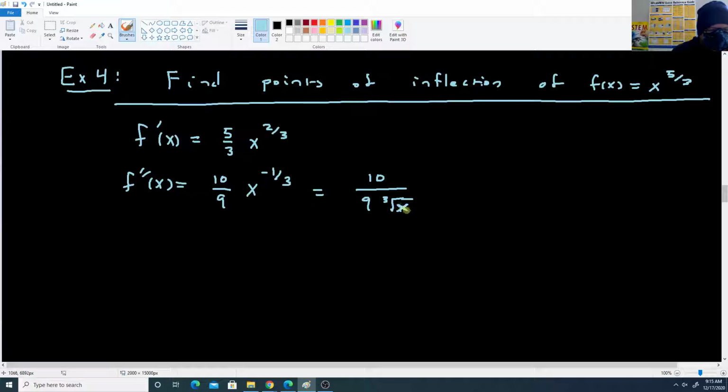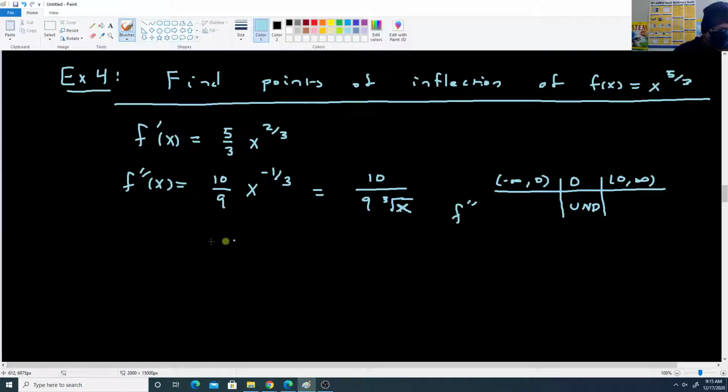So if we look at a little chart here, at x equals 0, our second derivative is undefined, because division by 0 is never defined. If we let x equal 0, the cube root of 0 is 0, we have division by 0, so we're undefined there. We're going to look at negative infinity up to 0, and then 0 up to infinity.